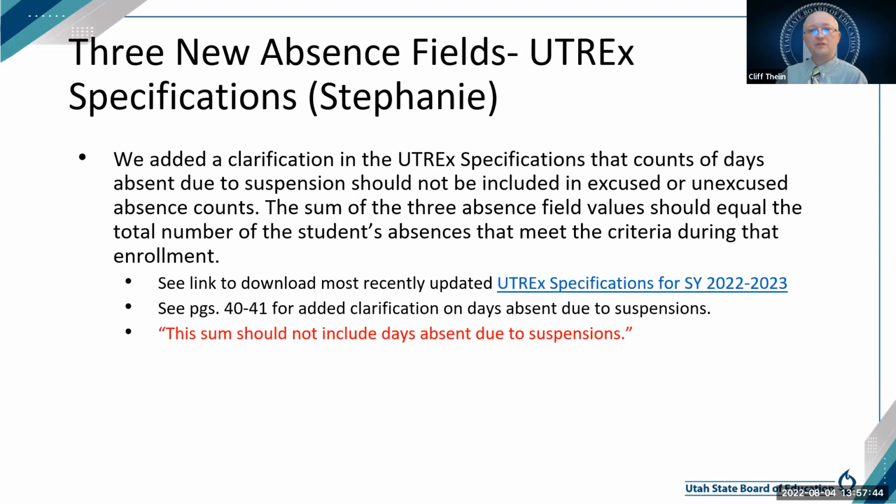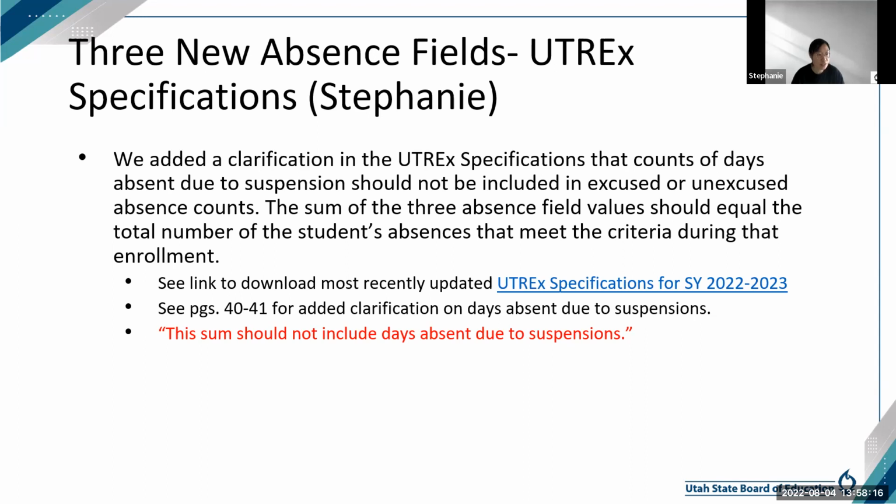And here's a transition. Go ahead, Stephanie. Yep. So this year, there is a clarification added in the most updated version of UTREx specifications. Basically, we set the counts of days absent due to suspension as an independent category in addition to excused and unexcused absence counts.